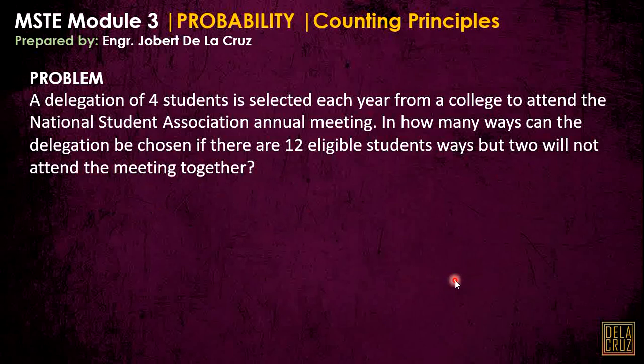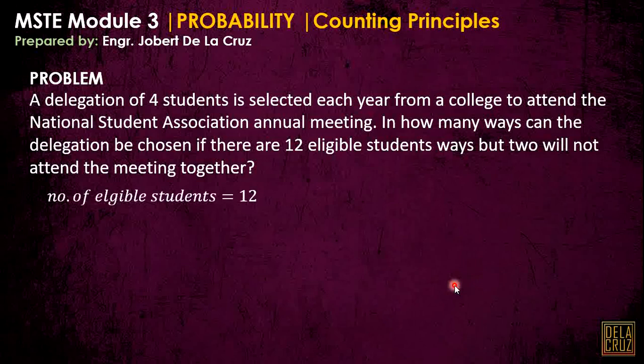Ayun, may dalawa na naman na hindi pwedeng mag-attend. So, technique pa rin is to i-group natin yung dalawa or ipagtatabi natin sila, then we will just subtract it to the total arrangement without restriction or the complement yung kukunin natin.